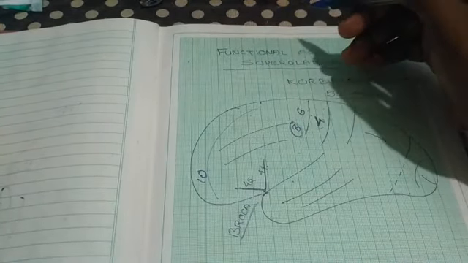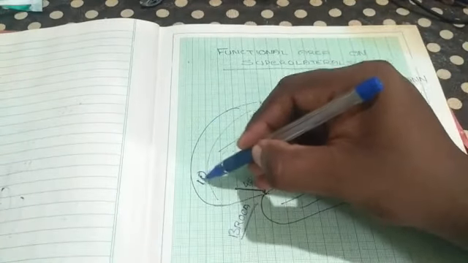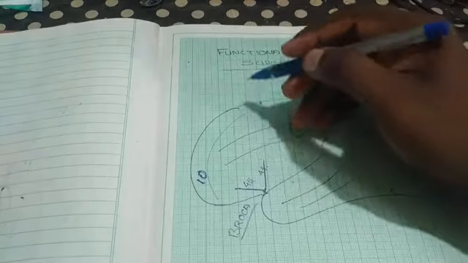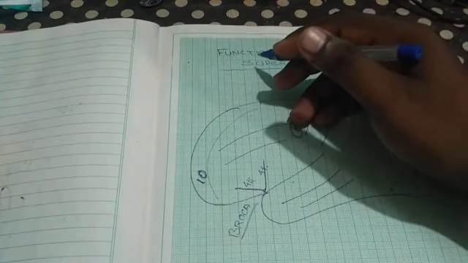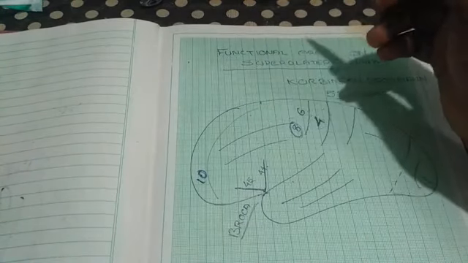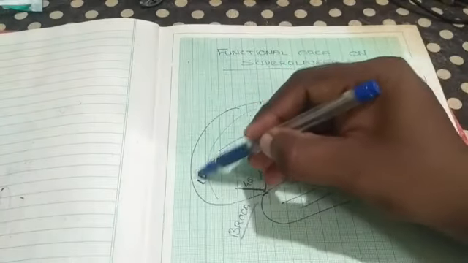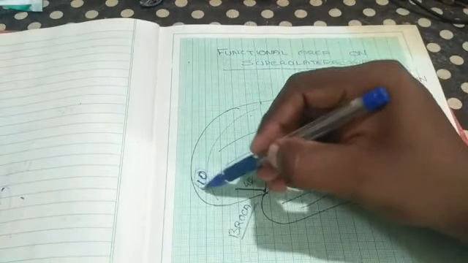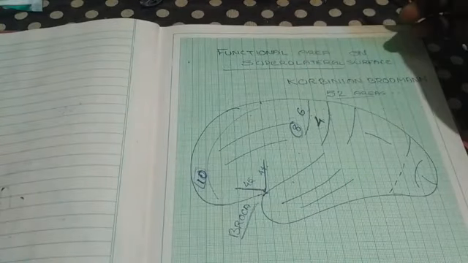So that's the main function of area number 10. That area is called the prefrontal area.